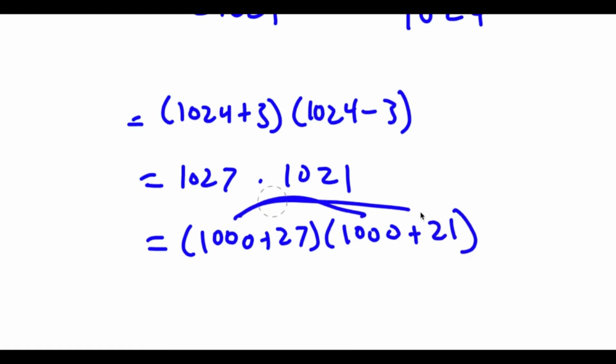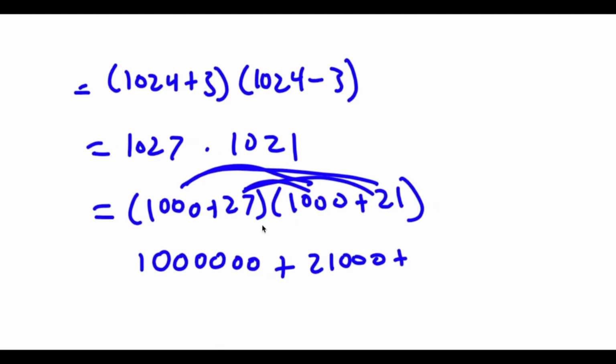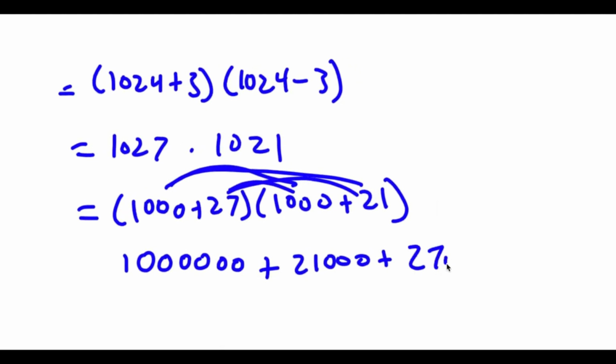I can first distribute the 1,000, so I have 1,000 times 1,000, which is, sorry, 1 million. And 1,000 times 21 is 21,000. Now distribute the 27. 27 times 1,000 is 27,000.